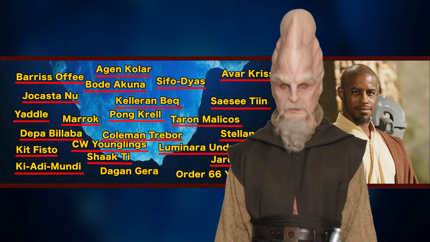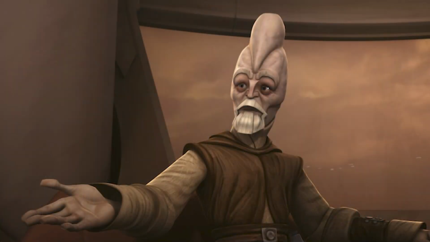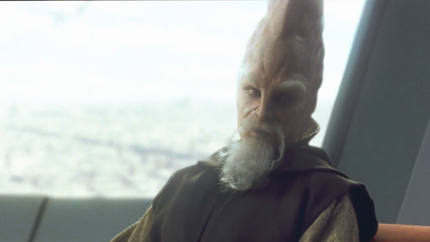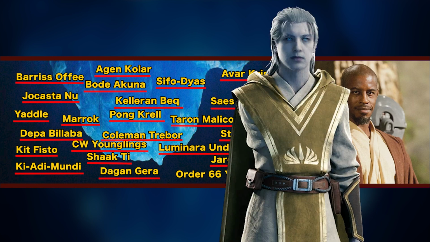Now there's Ki-Adi-Mundi. He was a Cerean Jedi, and we've seen him in the High Republic era and in the prequels era. He sat on the Jedi Council, and we later saw him die in Order 66. He first appeared in The Phantom Menace. After this, there's Dagan Gera. He was an Arcanian offshoot Jedi, and he discovered the planet Tanalorr through the Cobra Abyss.